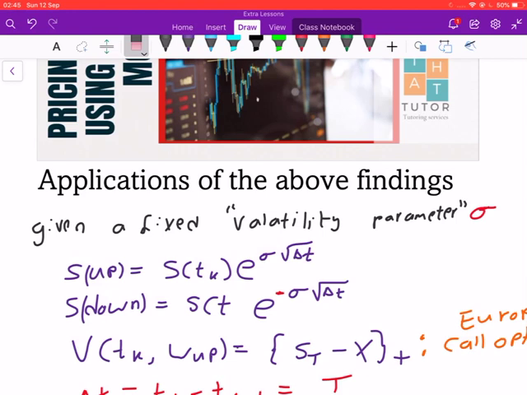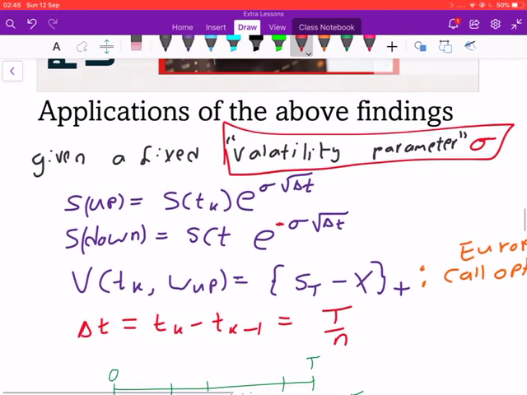Now we're going to do the applications of that replication strategy to find the value of our share, to price our share. So in order to do this, we need to be given our volatility parameter, which is sigma.